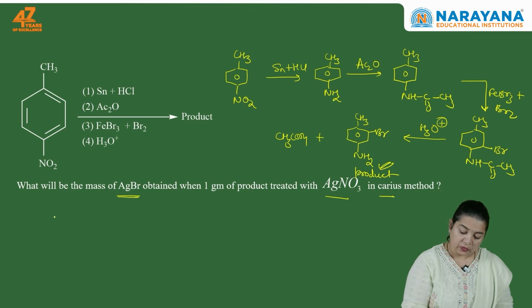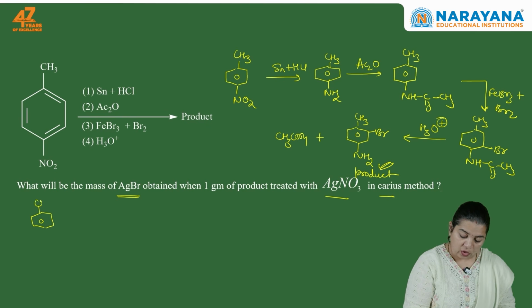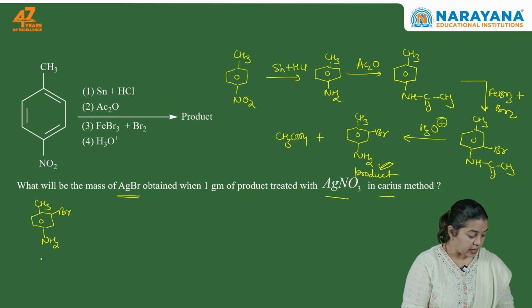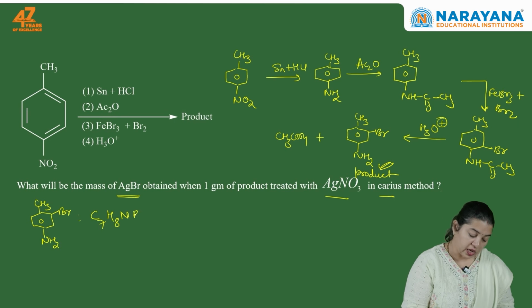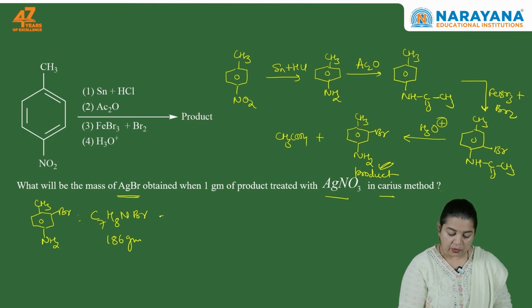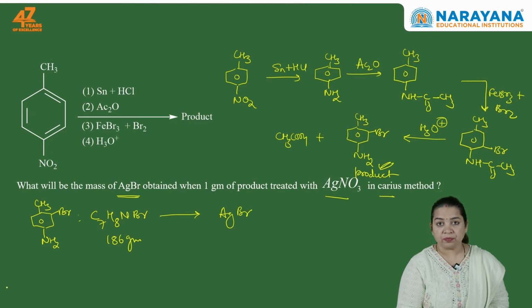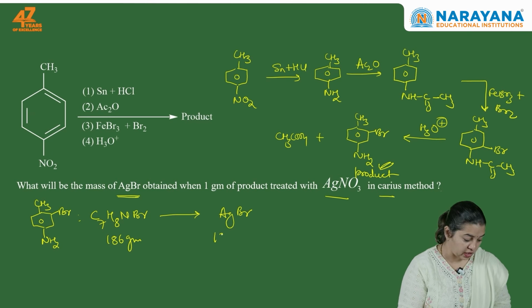So if I check the molecular weight of CH3, bromine, and NH2, which is C7H8NBr, it is 186 gram. And from this, I will obtain AgBr. So what is the molecular weight of AgBr?